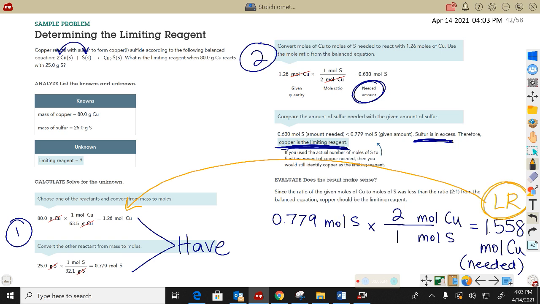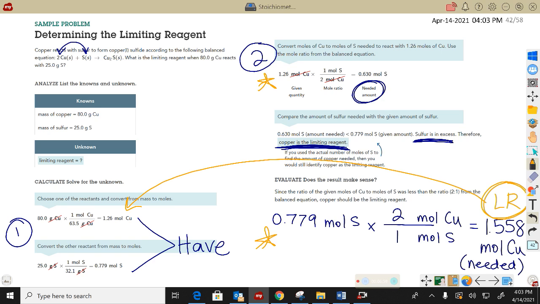So then by process of elimination, when we only have 2 reactants, one of them is limiting and the other would be in excess, which would then be the sulfur. So it really doesn't matter if you start with moles of copper or moles of sulfur. In either one, you take the ratio from the balanced equation to convert between the reactant that you picked and the other one.